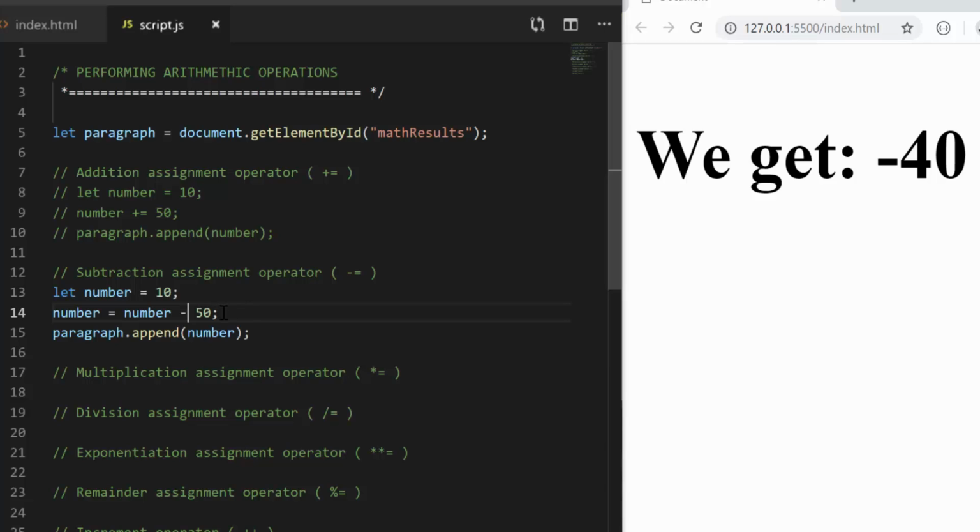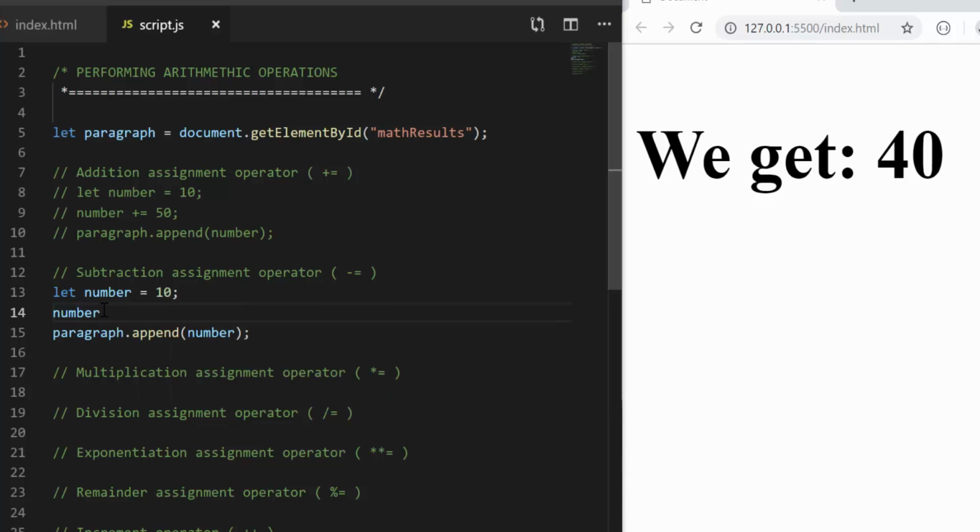Now, careful not to invert the order of the values here. This is not the same thing. You cannot assume that it is the same thing as writing this. Now we have 40, not negative 40. We have 40, and the result is wrong.